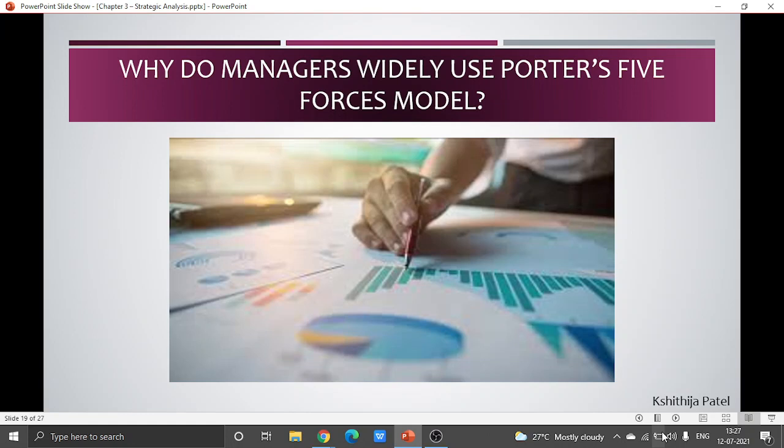As a rule, the stronger the collective impact of competitive forces, the lower the combined profitability of participant firms. In contrast, when the collective impact of the five competitive forces is moderate to weak, an industry is competitively attractive.